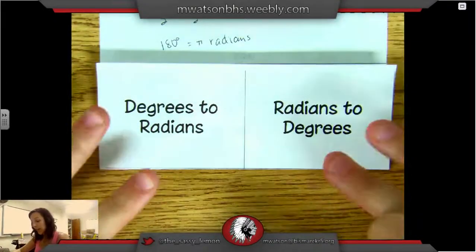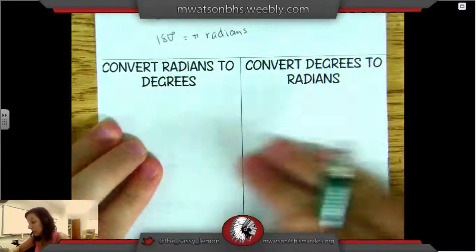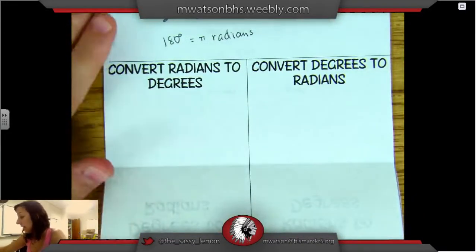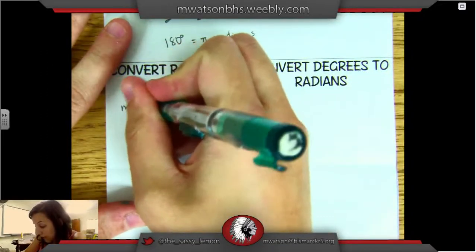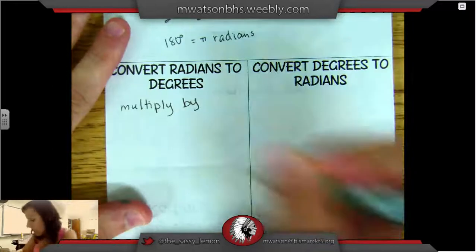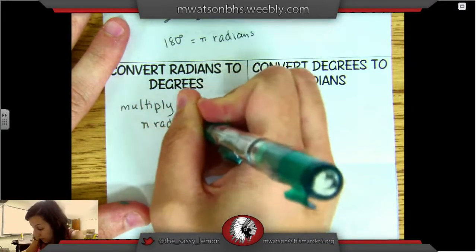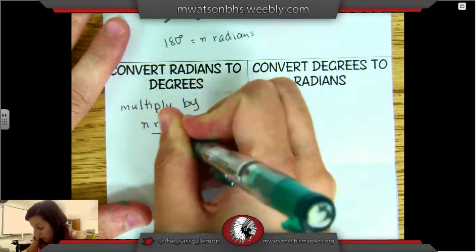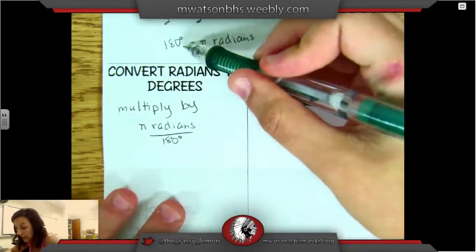So let's look at converting degrees to radians first. In order to do this, you just have to multiply by pi radians over 180 degrees. Remember, pi radians and 180 degrees are equal.